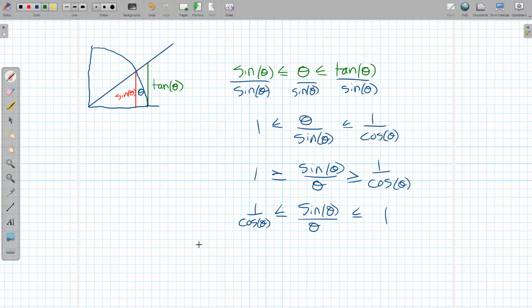So I can rewrite this by saying, hey, let's take the limit of everything here as theta goes to 0.